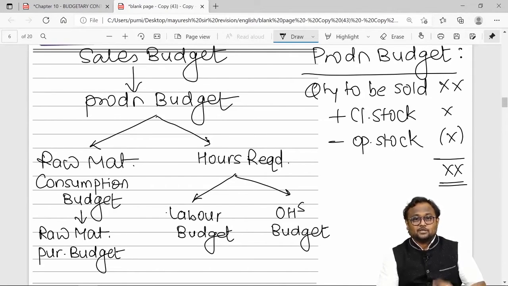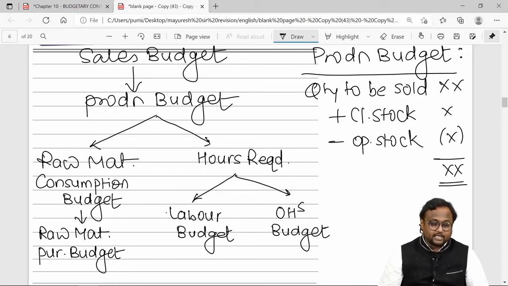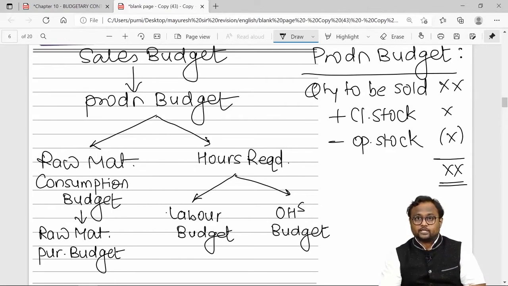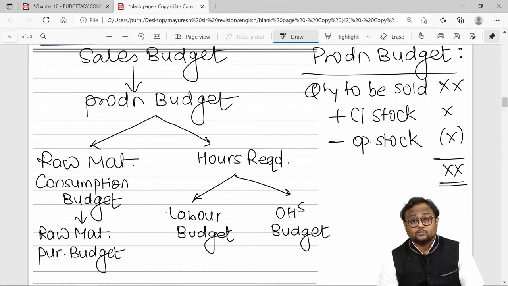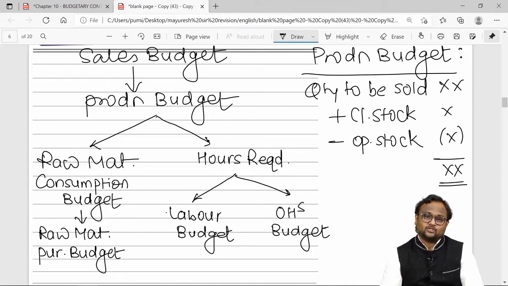You understood this? Sales, I want to sell 10,000, produce 10,000. I want stock of 7,000 after that. Produce 17,000. I already have 2,000 in opening stock. Then produce 15,000. One unit takes 3 hours.